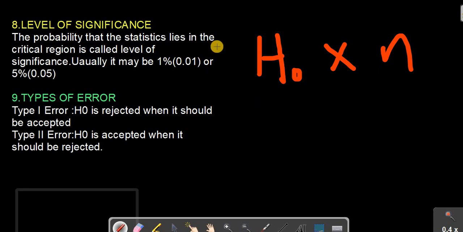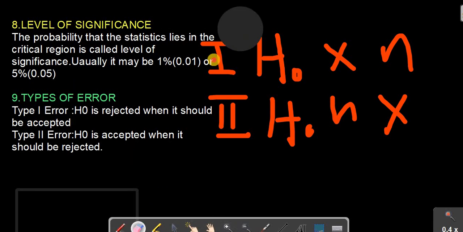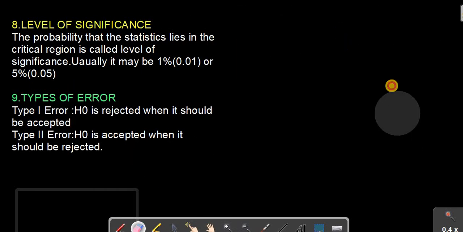This is called the first error, the type 1 error. A type 2 error is that H0 is accepted, but it should actually be rejected. This type of error we call a type 2 error. These two types of error are very important.